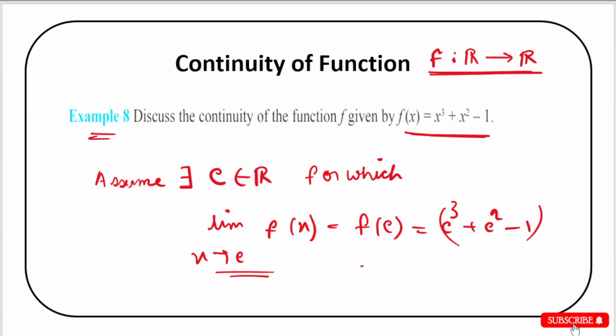So the limiting value is equal to the functional value. This is true for any real number that is in the domain of this function. So we'll say that this function is continuous. Any polynomial function is continuous, but if you have to prove this, you can show it in this way.